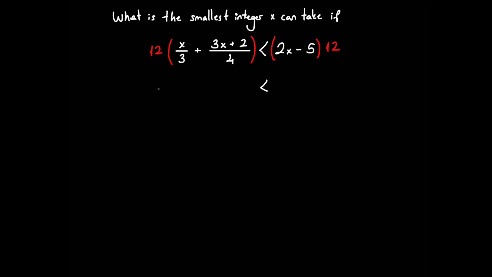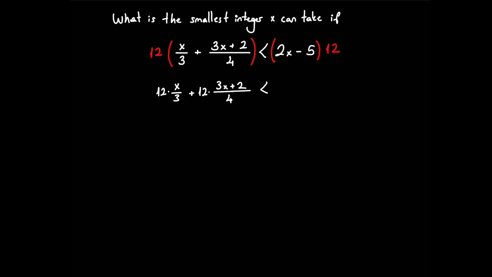On the left hand side, what we will have is 12 times x over 3 plus 12 times (3x plus 2) over 4. And on the right hand side, what we will have is 24x minus 60.